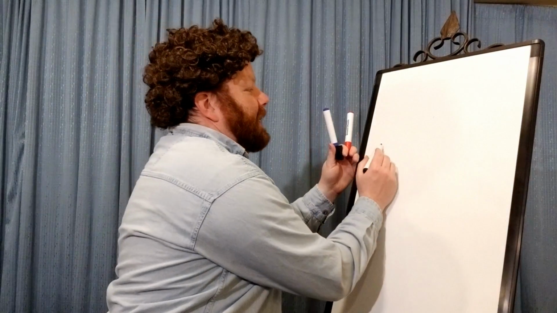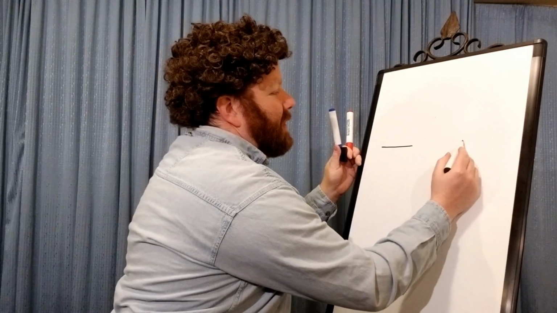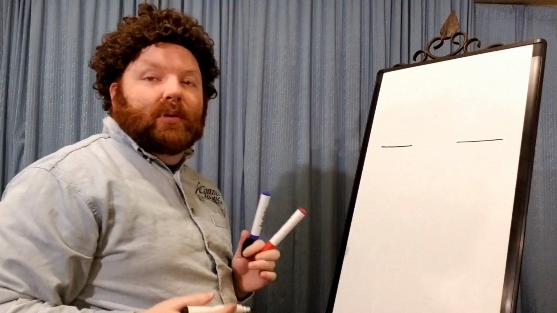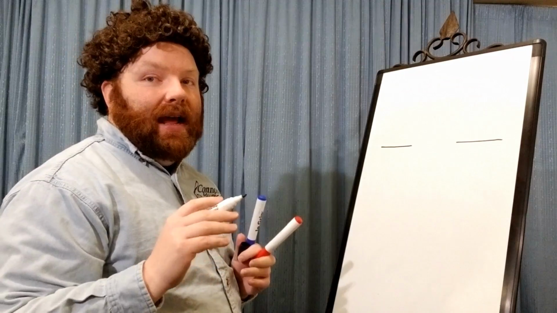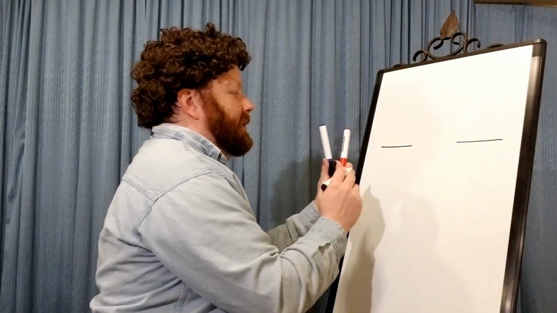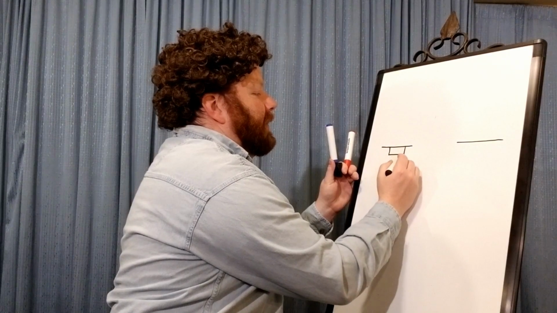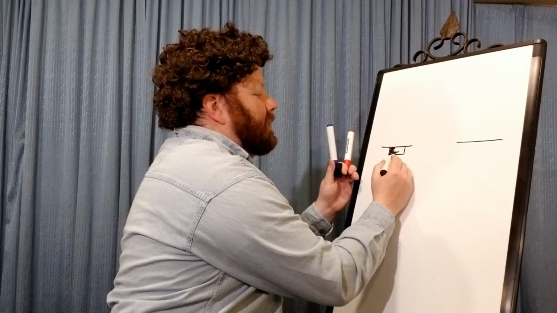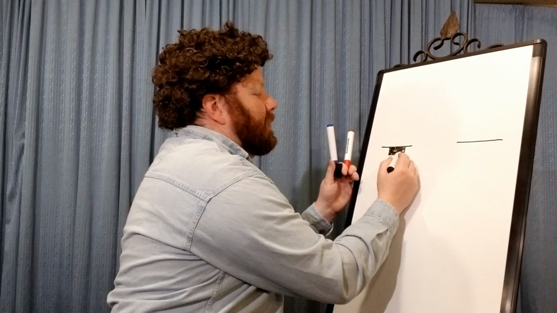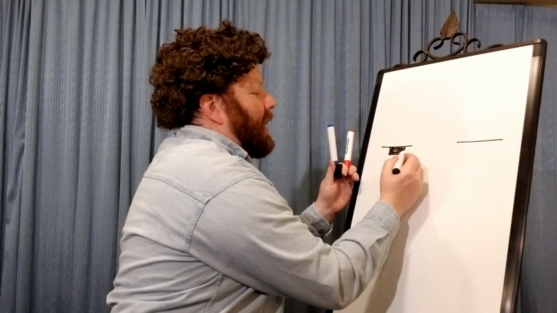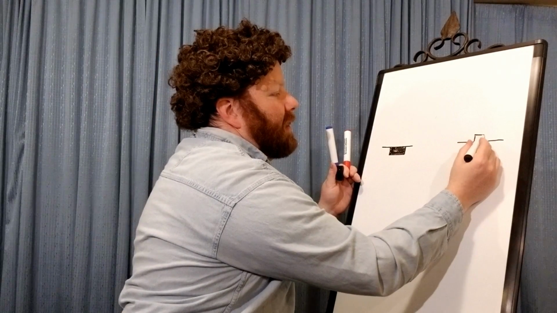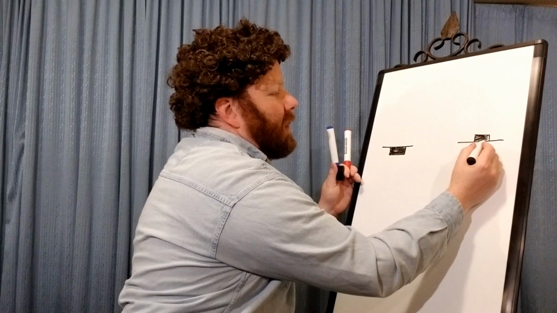So one little trick I like to remind people of, because it's hard sometimes to see the difference between a whole rest and a half rest. A whole rest looks like a little bowl underneath of whatever line it's attached to, and a half rest looks like a little hat.